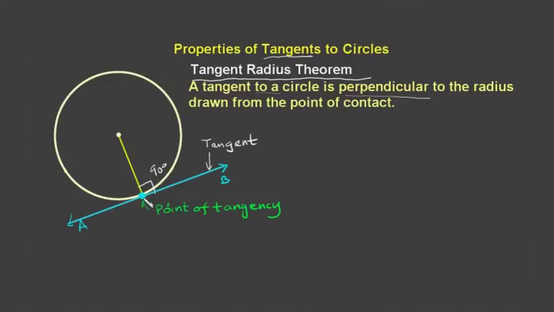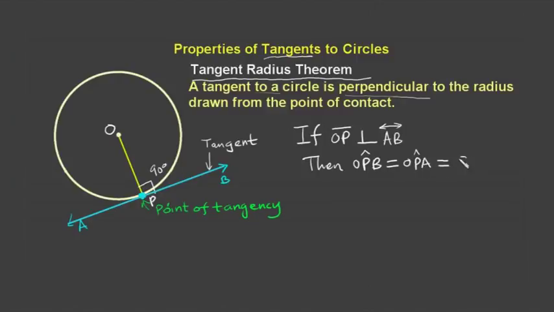If we let this point of tangency be P, and let's say the center of the circle is O, then in summary, this theorem means if OP, the radius, is perpendicular to the tangent line AB, then this angle here, OPB, will be equal to the measure of this angle here, OPA.